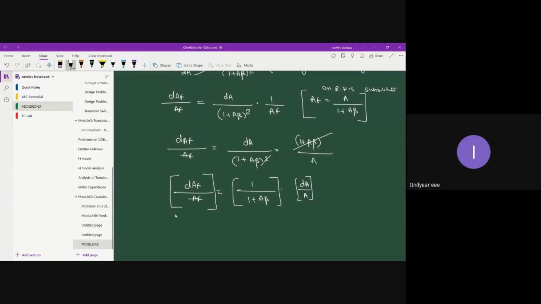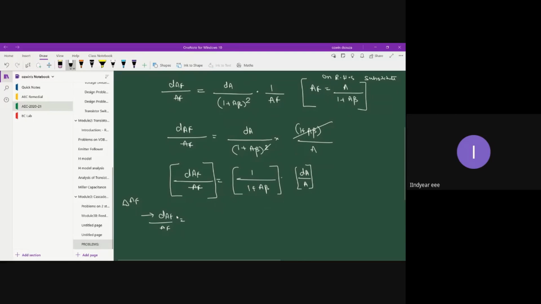Where the left hand term, that is dAF divided by AF, you can clearly observe that dAF you can consider as delta AF, which is nothing but the change in the closed loop gain. So change divided by the original gain is considered as fractional change in amplification, because A is amplification, with feedback.